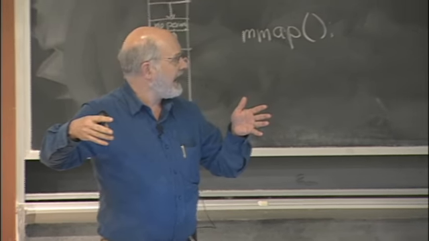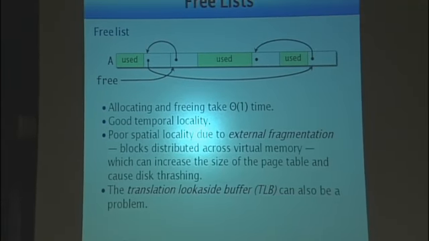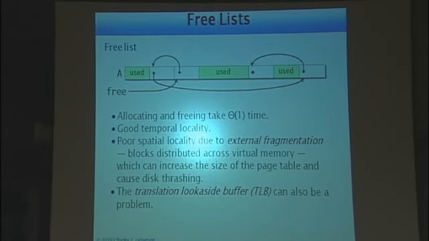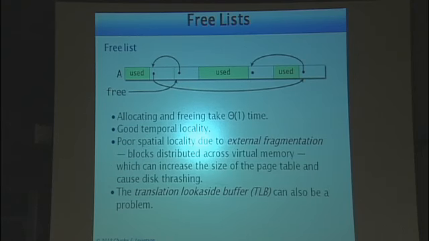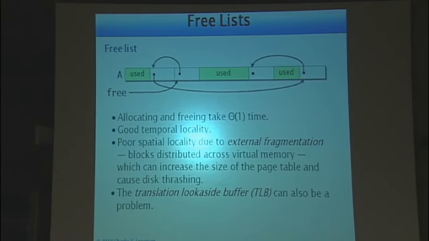And as you end up jumping from one thing to another, you can end up using a lot of the page table, because you're using a huge piece of it. In particular, the translation look-aside buffer can also be a problem.